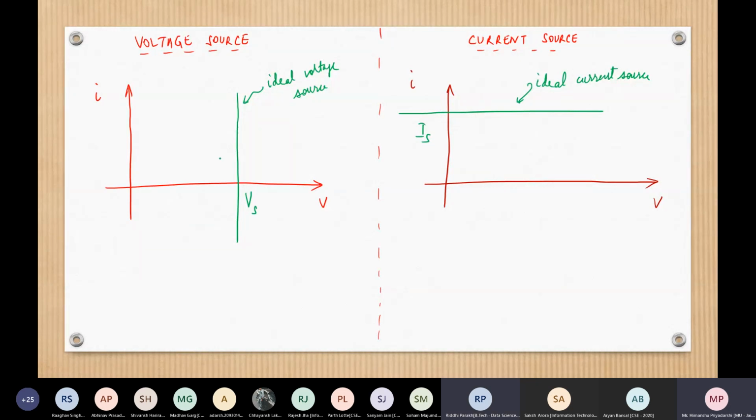It will have some slope. As you change the voltage, there will be some drooping characteristics.